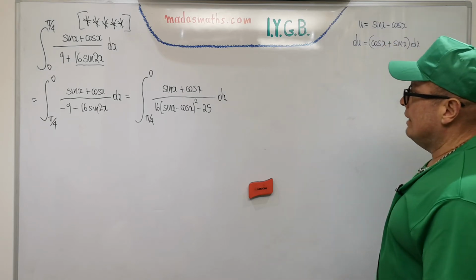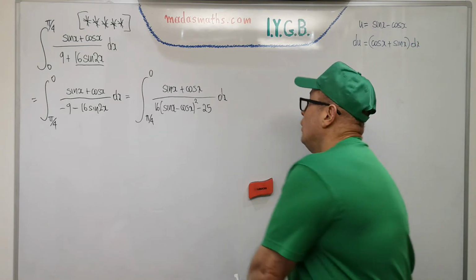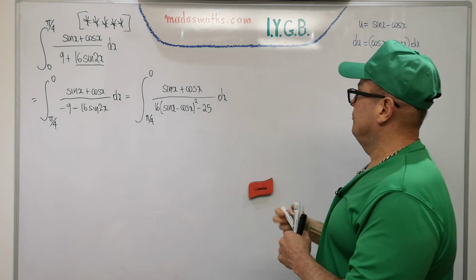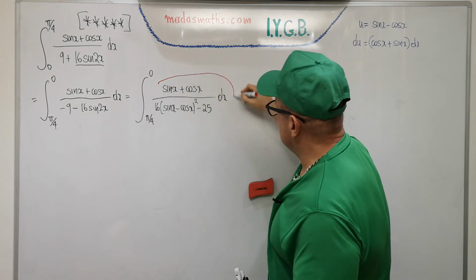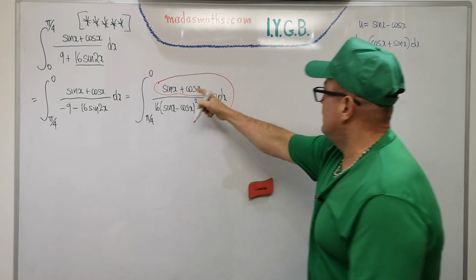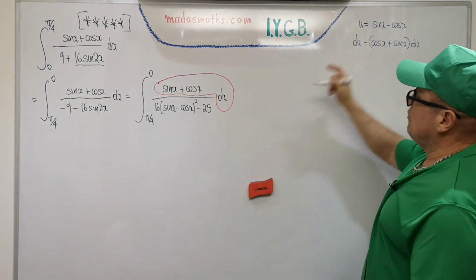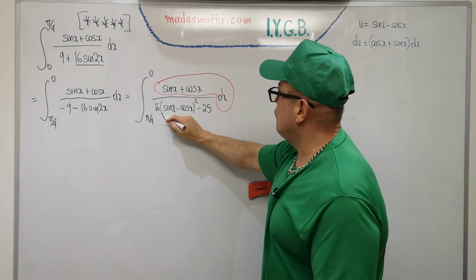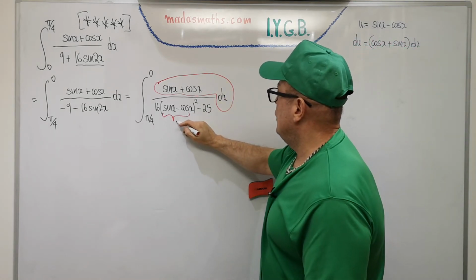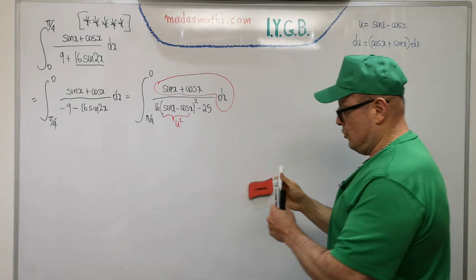And the reason I'm leaving it like that is because if you look at what I've got up there and compare with my substitution, that is the bit that I have here. So I can replace this with the du, and this of course will be my u, or u squared, because it's squared.